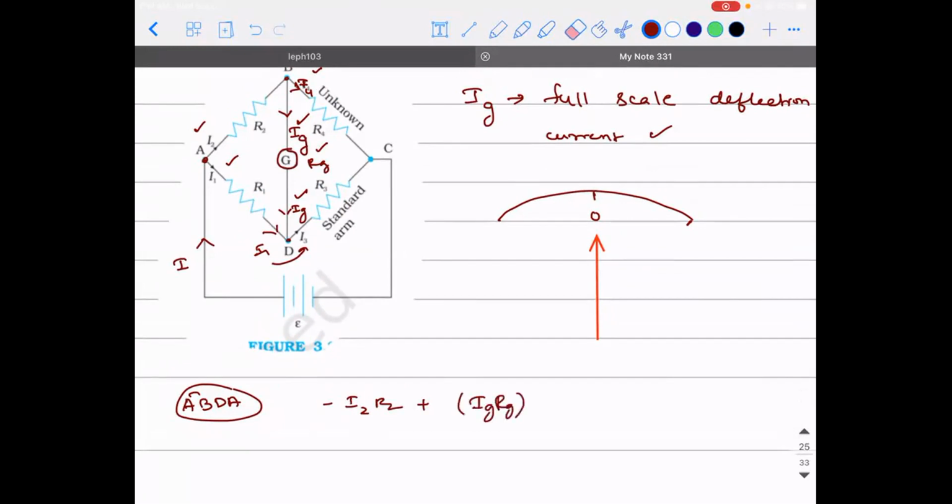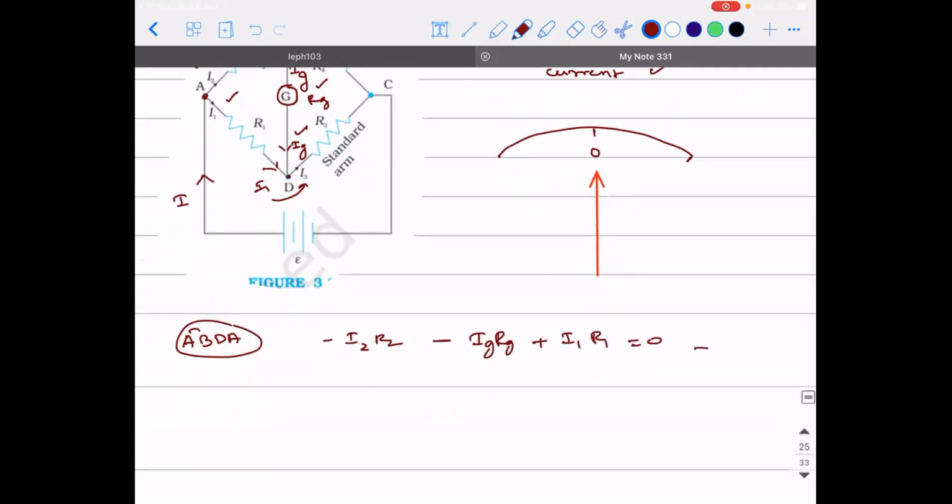Is it going to be positive or negative? This negative IG RG, plus I1 into R1 is equal to 0. Am I clear with this?